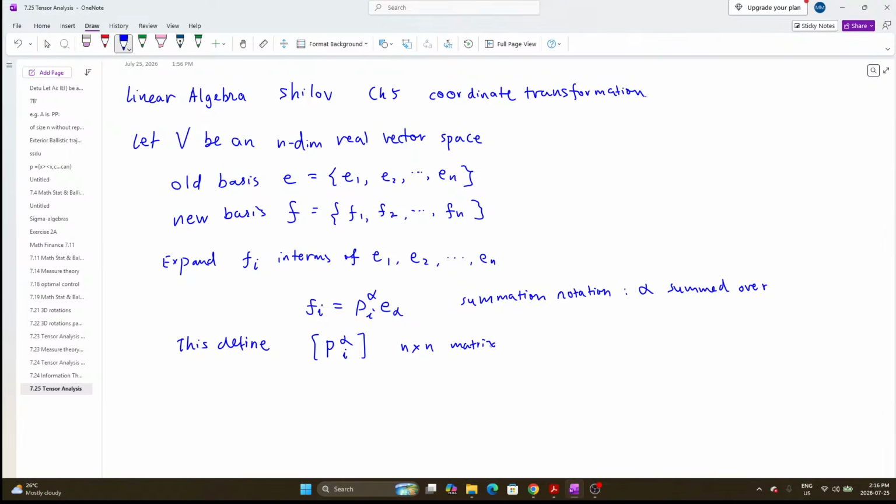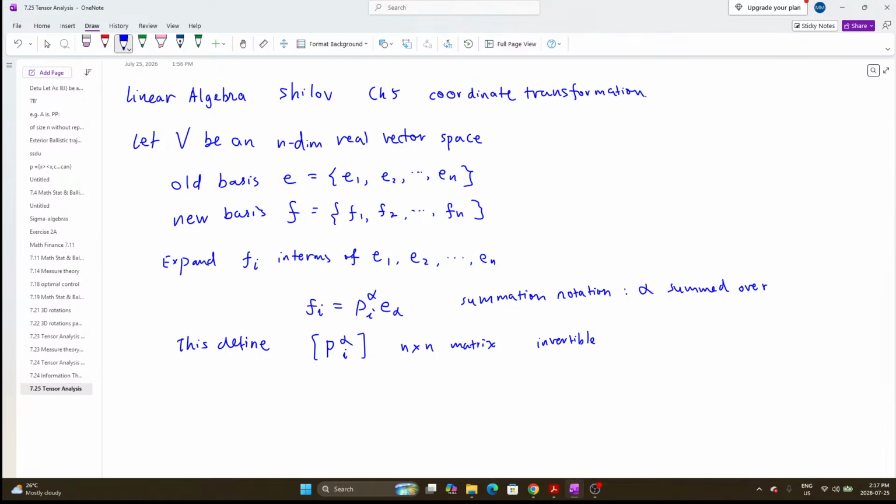For any two bases, you can do this expansion. Now, of course, this matrix is also invertible.